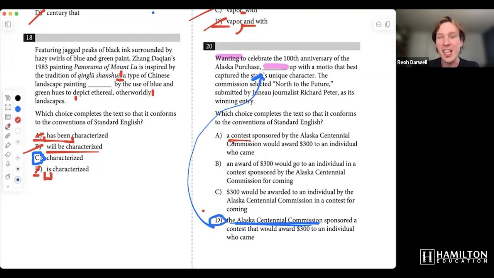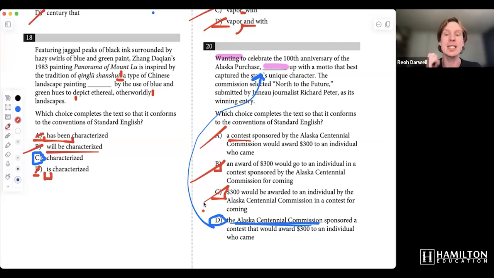A would suggest that the contest wants to celebrate the 100th anniversary, but that doesn't make any sense, right? B would suggest that an award would want to celebrate the 100th anniversary, which doesn't make any sense. And C would suggest that $300 would want to celebrate the anniversary, which doesn't make any sense.